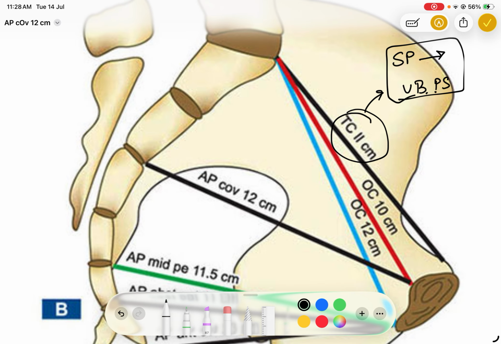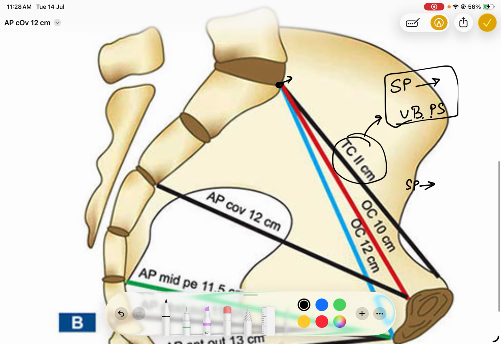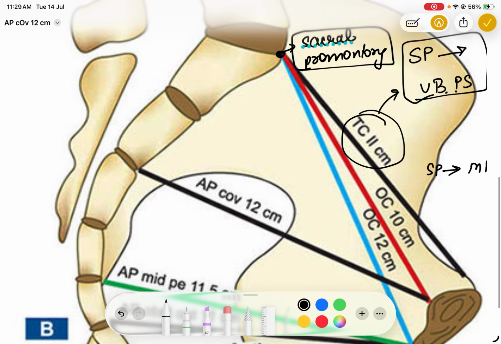Next is obstetric conjugate, line drawn from the sacral promontory to the middle border of the pubic symphysis. This is symphysis pubis.